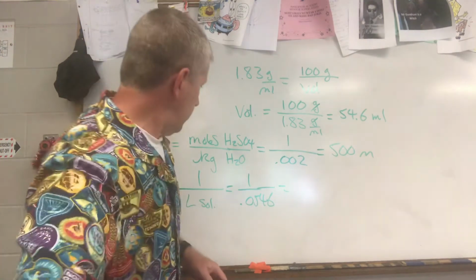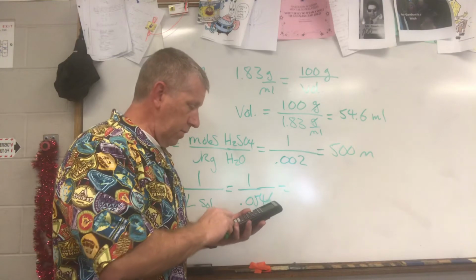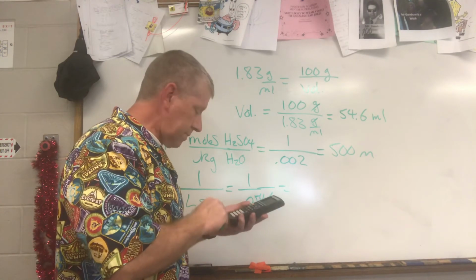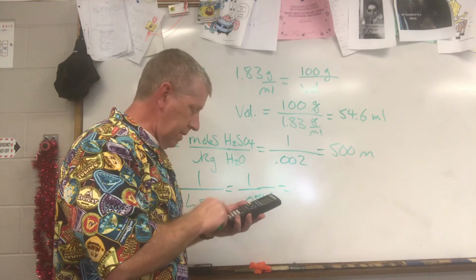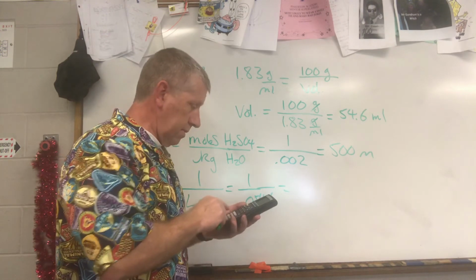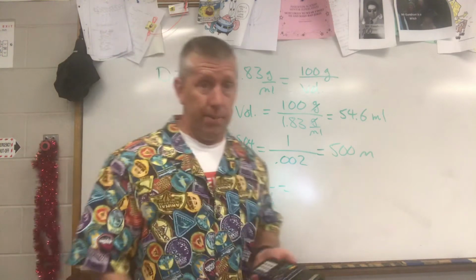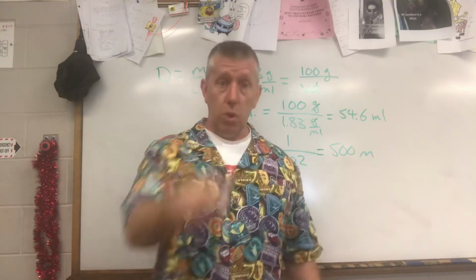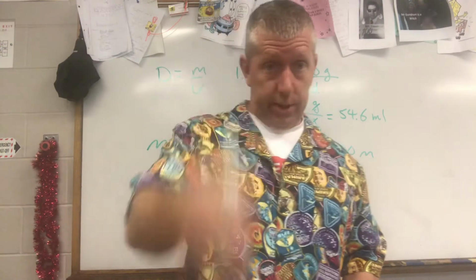That will give me my molarity. It had better come out to be 18.3, because that's what it comes in from the chemical supply companies. Yes! We're good. 18.3, that is the molarity of that solution.